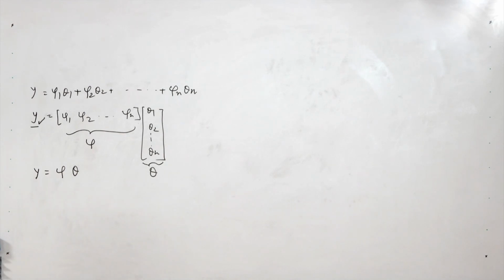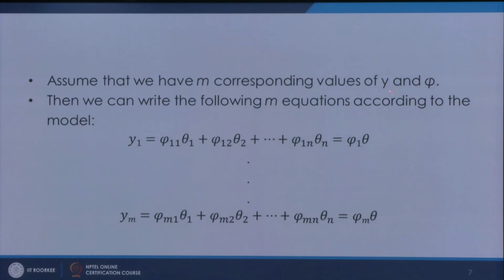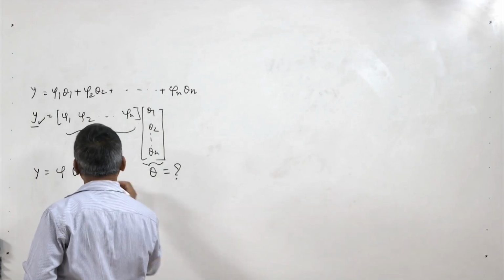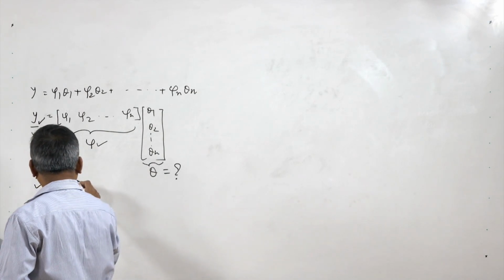Now, let us assume that we have m corresponding values of y and phi. Theta, which I am interested in finding, is unknown to me, and I know these values of y and phi.